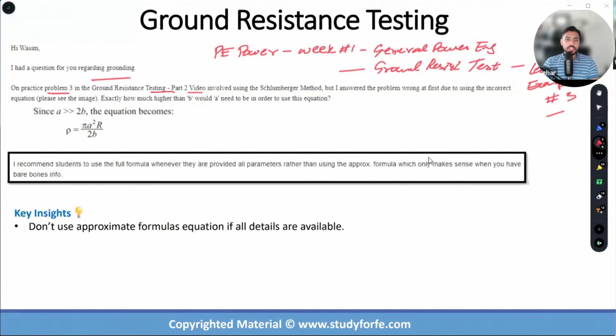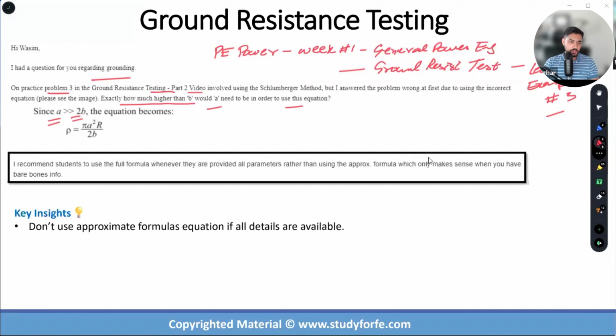Anyways, his question is, why couldn't I use the approximate formula, right? You gave me a certain value of A, which is larger than the value of 2B. But exactly how much higher than B would A need to be in order to use this equation?